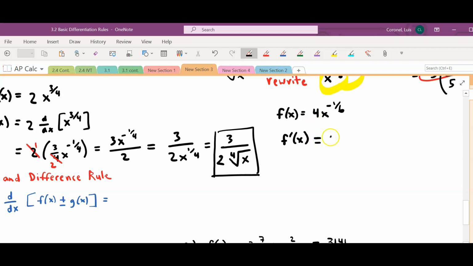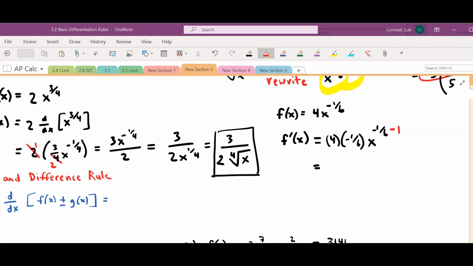Multiply the 4 with the negative 1/6. That's power rule. The negative 1/6 goes to the front. Then you're going to subtract 1 from the negative 1/6. So when I multiply negative 1/6 with the 4, I could simplify before I multiply.